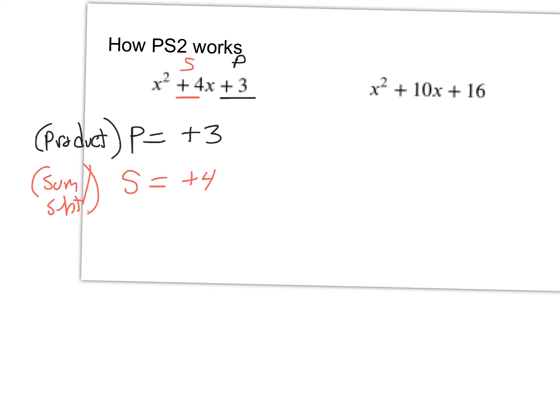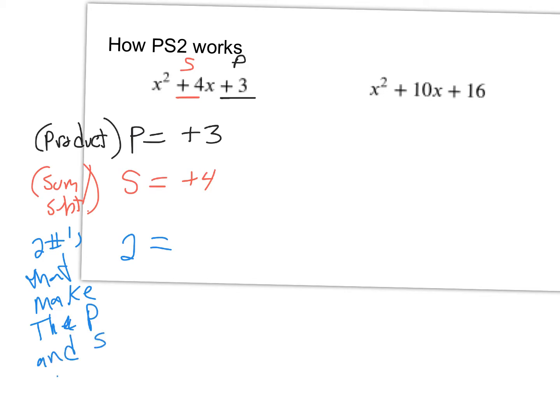Now for the hardest part of the process, the 2. What the 2 does is it's the two numbers that make the P and S true.